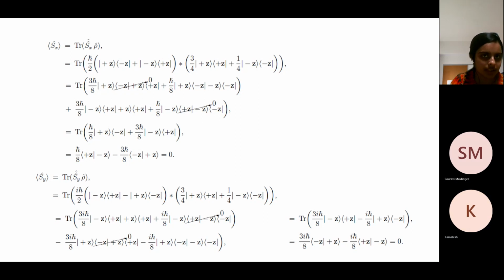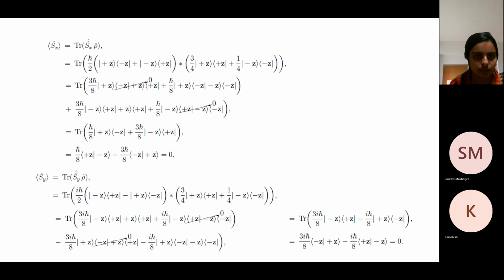When you look at the density matrix, you see that it's defined in the plus z, minus z basis, and it tells you that it has 3 by 4 probability of being in plus z and 1 by 4 probability of being in minus z. That is up spin along z or down spin along z. So there is no spin orientation along x or y, physically.